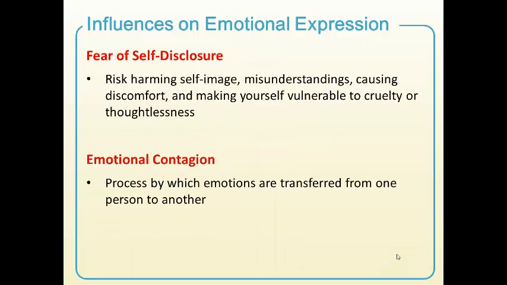Sometimes fear of disclosure can influence your emotional expression. Putting out that emotion, sharing that emotion, but then feeling vulnerable that now that person knows how you feel and might use it against you. And also, an important one that happens with children is emotional contagion. Sometimes you'll see children, one gets giddy or one is excited, and the whole group starts to act kind of crazy.